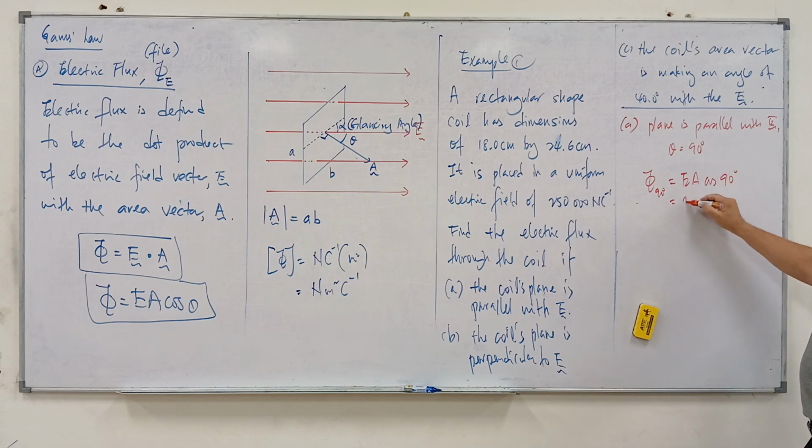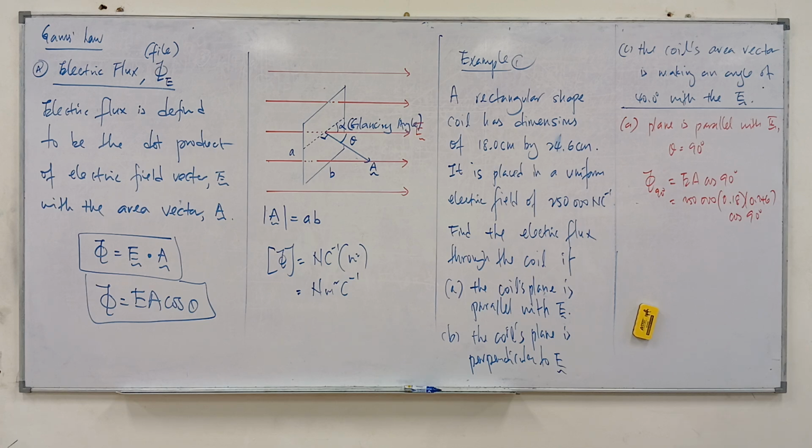E is 250,000. Your A, be careful, that one is in centimeter. So multiply 0.18 multiplied by 0.246 and then cosine 90 degrees. Cosine 90 gives you what? Cosine 90, what's the value? You don't even need a calculator for this, right?